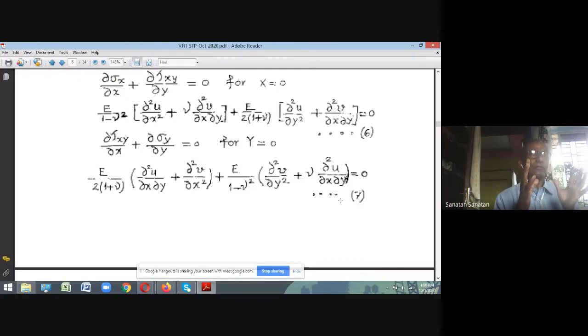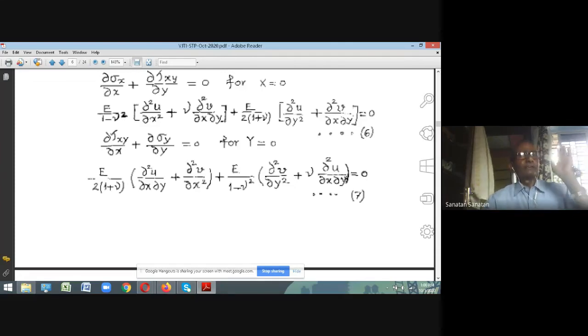In two-dimensional stress analysis, your problem is to determine the displacement at every point: u as a function of x and y, v as a function of x and y. That's it. Now you see that when you make use of the stress relations, you get two equations, 6 and 7, which involve just u as a function of x and y and v as a function of x and y.